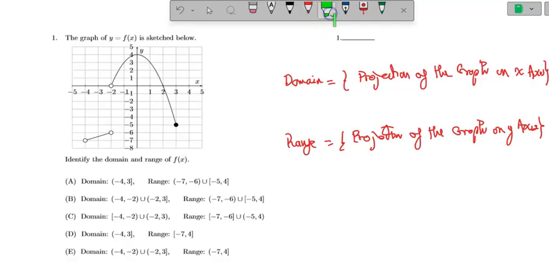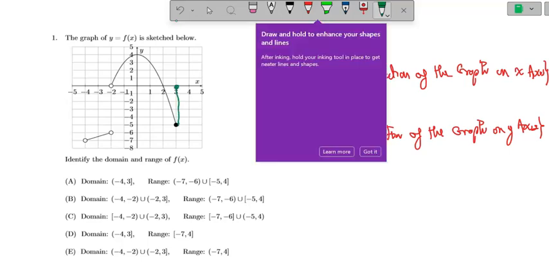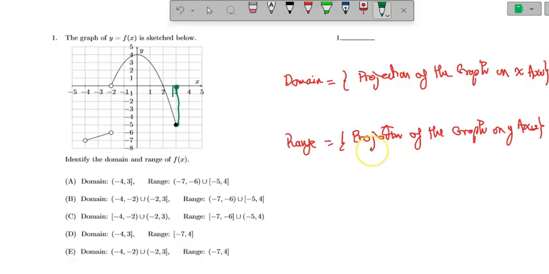So if I'm going to do the projection onto the axis, the projection is going to be vertical. Your target is this axis over here. If I project the graph, this point is going to be projected as a shaded point, and all of this is shadowed.